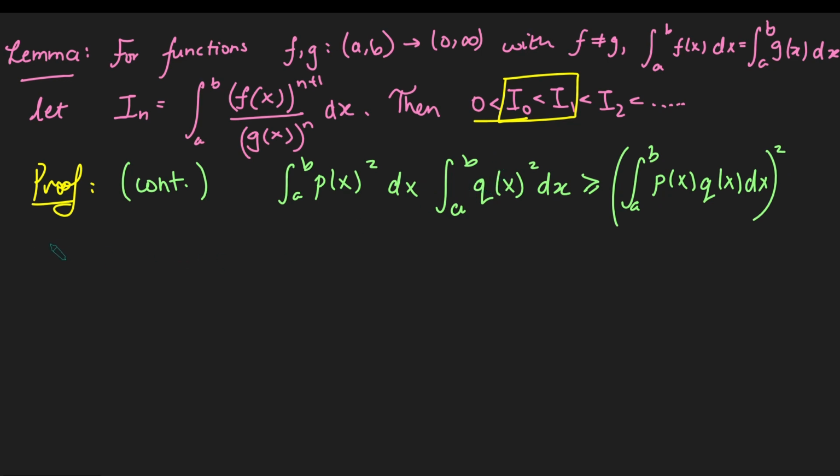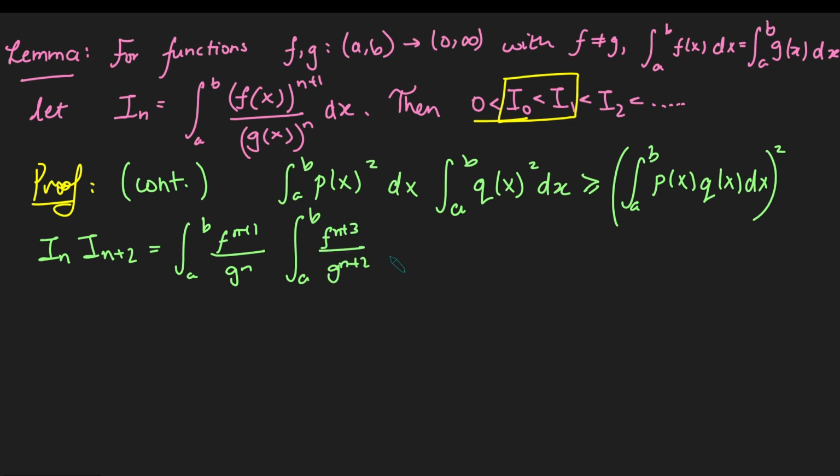Well, what we're going to do is start by considering In times I(n+2). Now, just by definition, In is the integral from a to b of f to the n plus 1 over g to the n, and I(n+2) is the integral from a to b of f to the n plus 3 over g to the n plus 2. Now, we want to use this Cauchy-Schwarz inequality, so we need to define p and q.